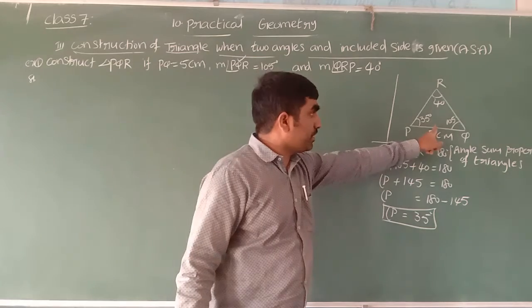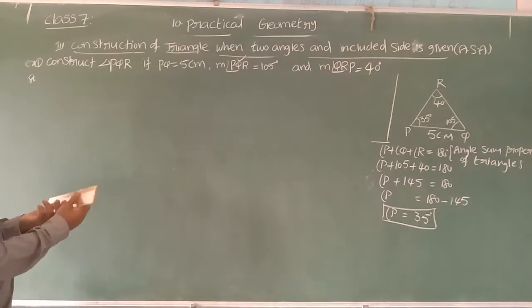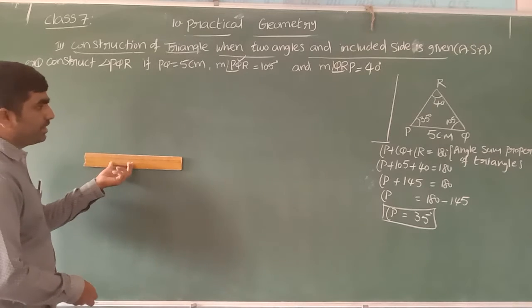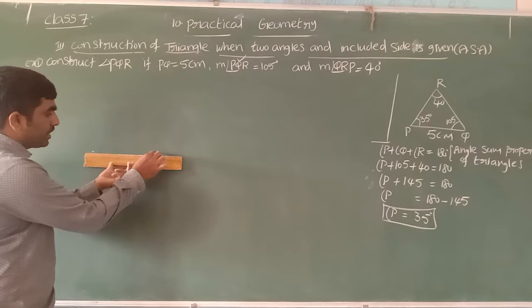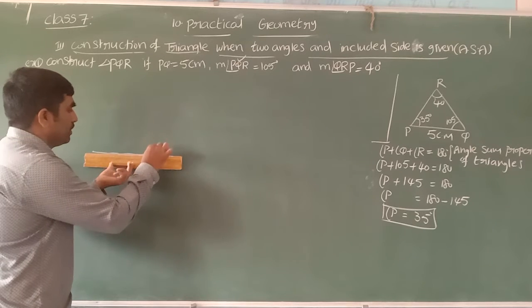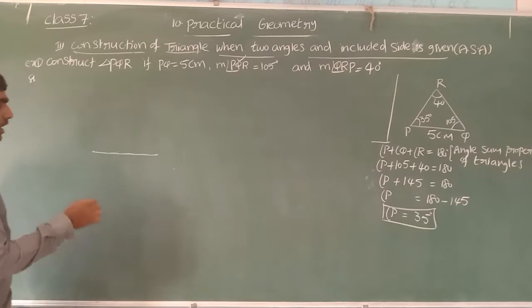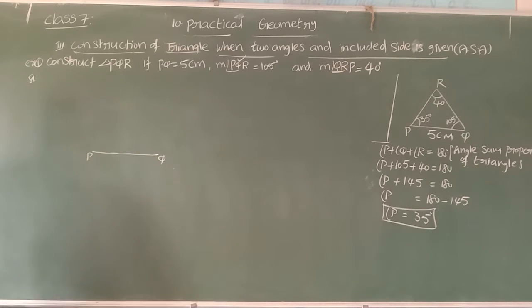Draw a line segment whose length is 5 centimeters by using the ruler. One dot at 0, the other dot at 5 centimeters. Join these two as a line segment, and name the endpoints as P and Q. The length of PQ is 5 centimeters.